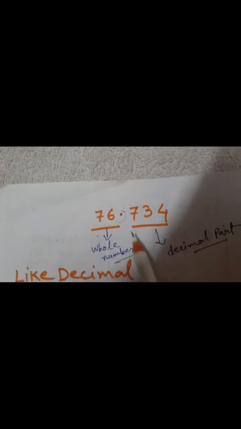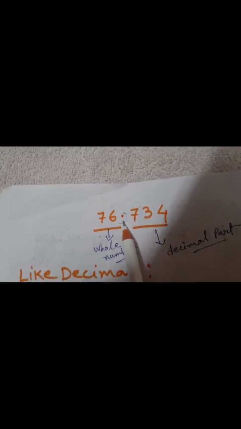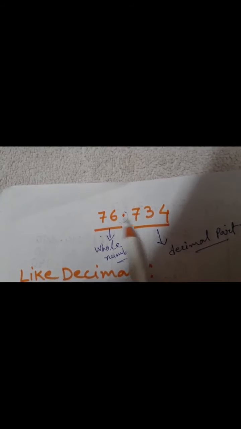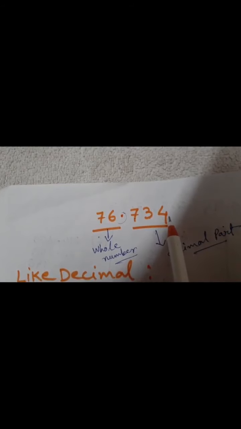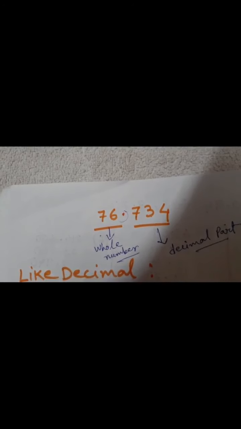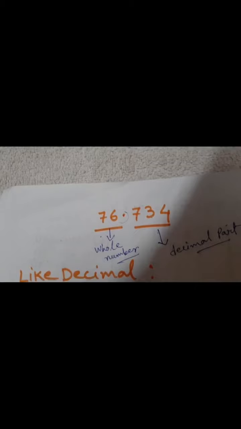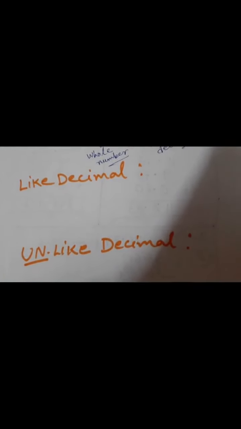Now whatever numbers are present after this decimal point, depending on this number, we can classify these decimals into two parts. Like fractions, here also one is like decimal and another one is unlike decimal.